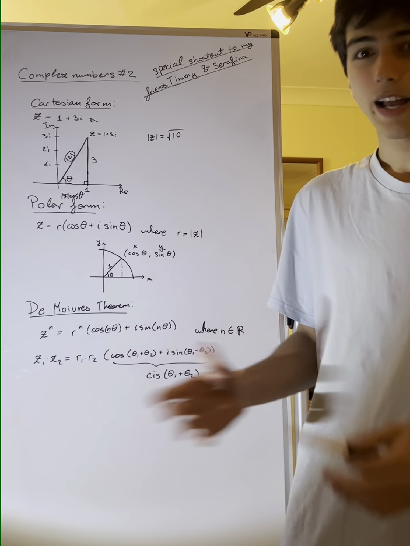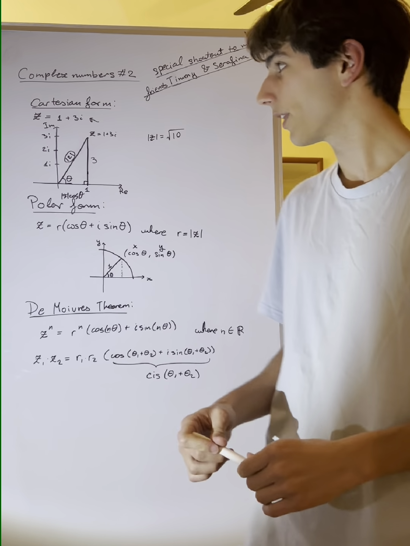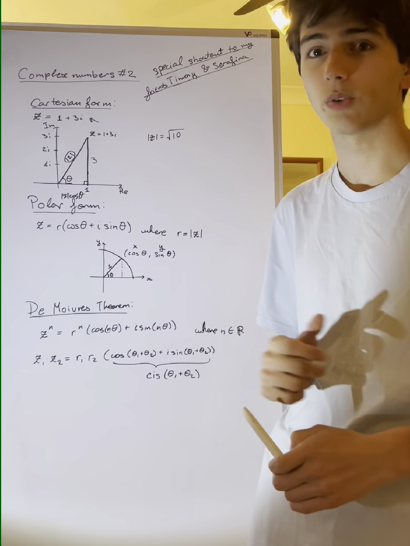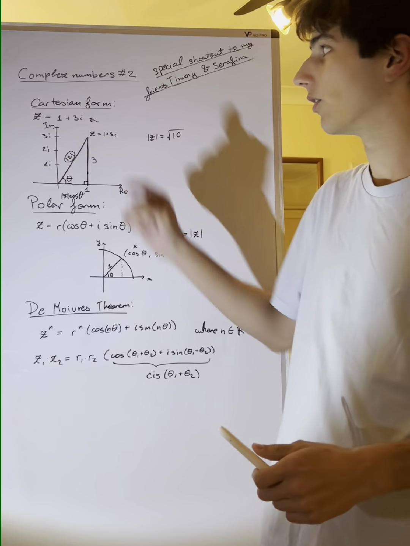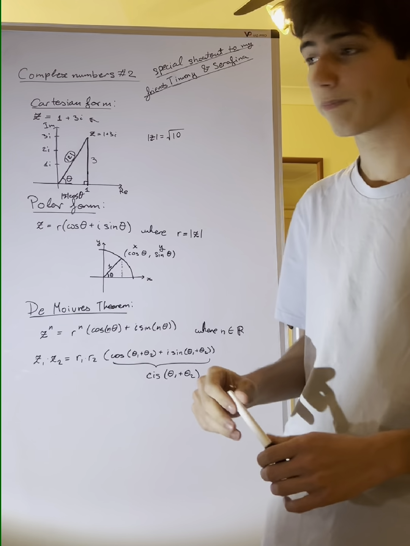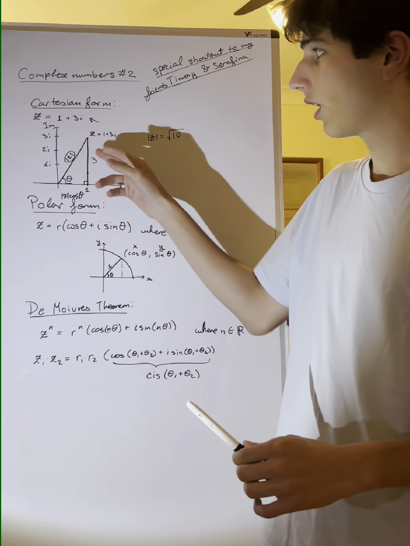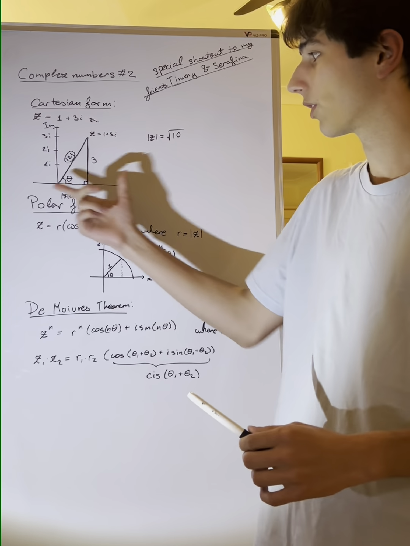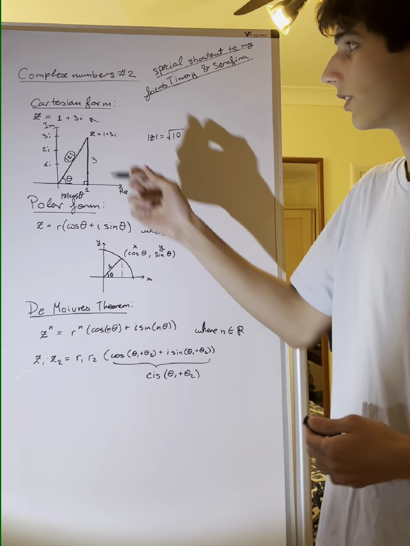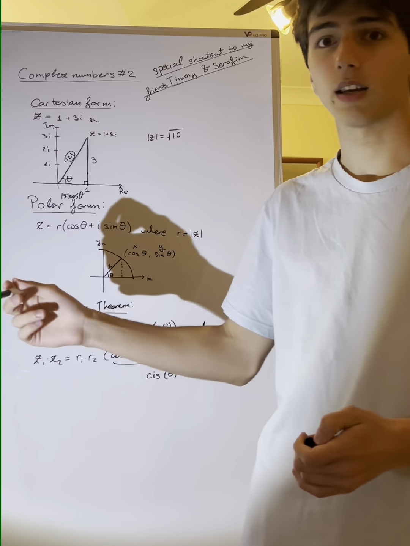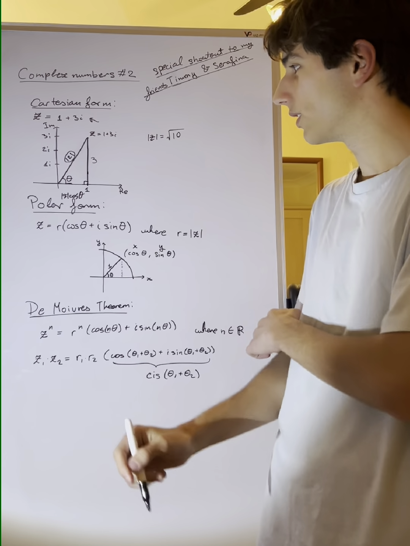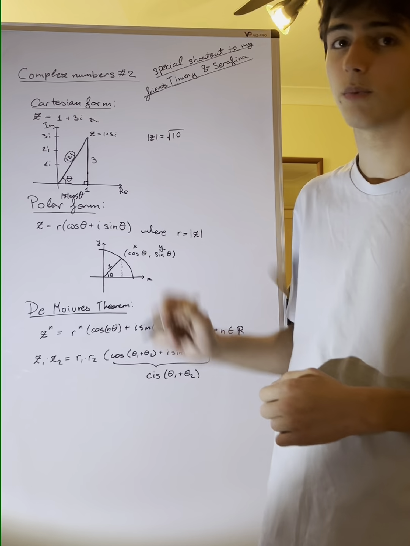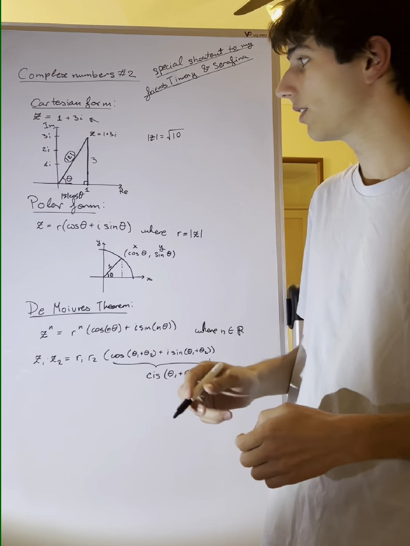So last time we talked about the complex plane. In the complex plane we can break down a Cartesian complex number into its two components, the real part and the imaginary part. The imaginary part will be our vertical direction, and the real part is our horizontal. So in this case 1 plus 3i is a 1 unit shift to the right and 3 units upwards, and our complex number z will be right there on the complex plane.